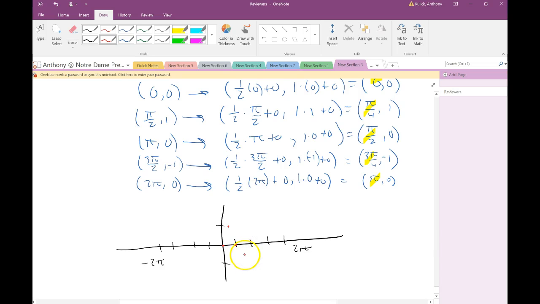So there are my key points that I've plotted. What do you notice, though? We didn't make it to 2 pi, did we? That's okay. What should we do? Yeah, just continue the pattern.